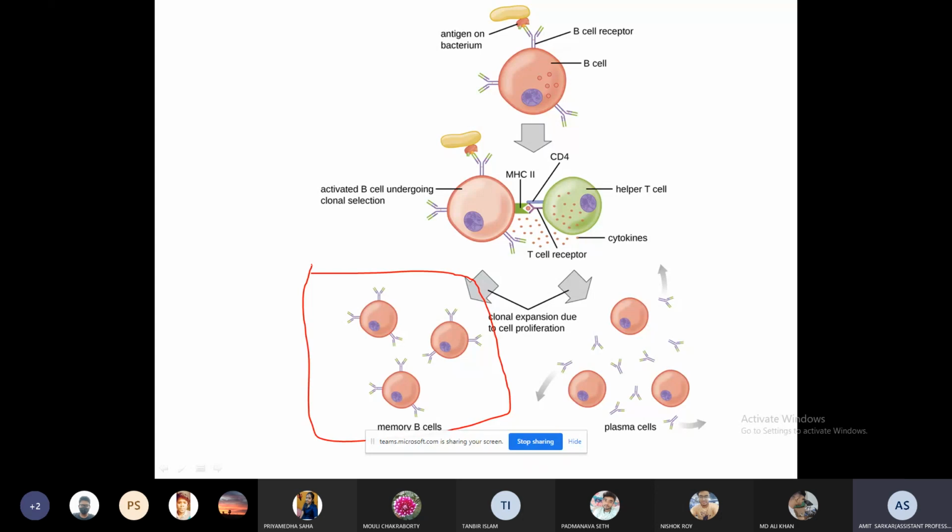They have a long lifespan, whereas the plasma cell has a very short lifespan. So at any time in the future, if the same microorganism invades our body, it will be very easy to distinguish it, and you also have a full battalion ready to combat.